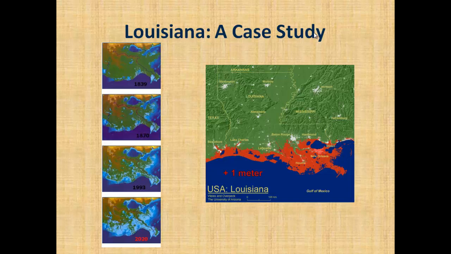Before these levees were built in Louisiana, these coastlines would naturally flood, deposit sediment, and replenish the beach. But these man-made levees are keeping out the sediment. Obviously, they're protecting the cities along the coast, so these coastlines aren't getting replenished.